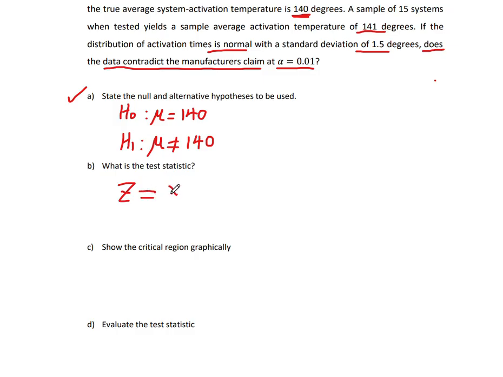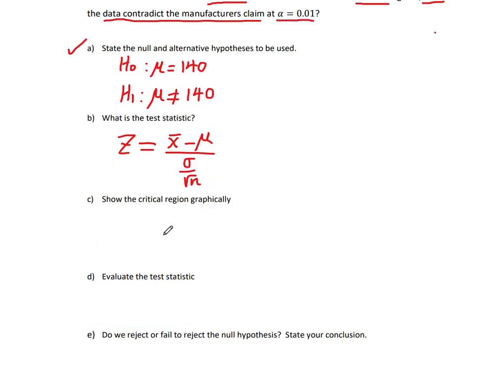The test statistic is going to be z equals x bar minus mu divided by sigma over the square root of n, where x bar represents the sample mean, mu represents the population mean, sigma represents the population standard deviation, and n is the sample size or number of observations. So we're not asked to do any calculation here in part B, merely to state the test statistic. That is the formula that we will use to come up with the calculated value.